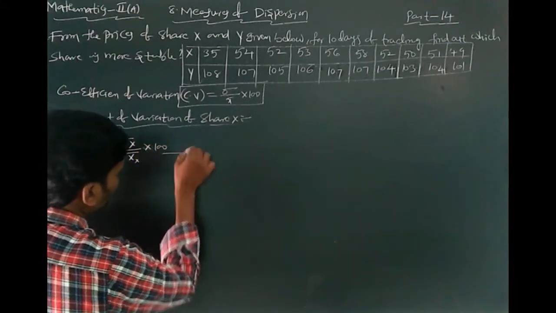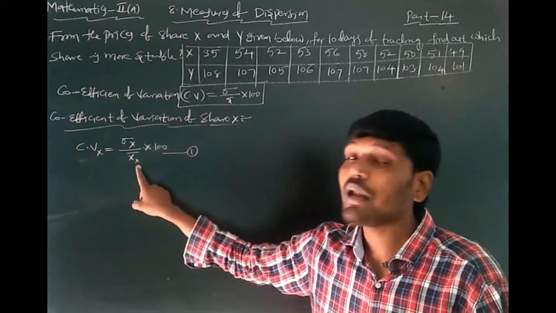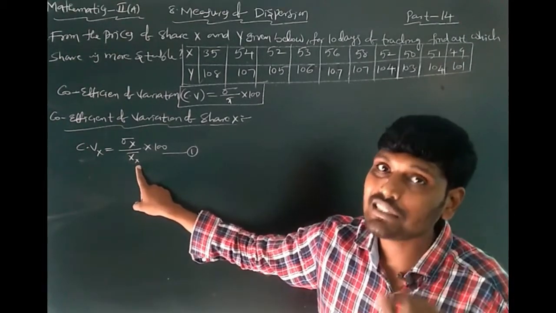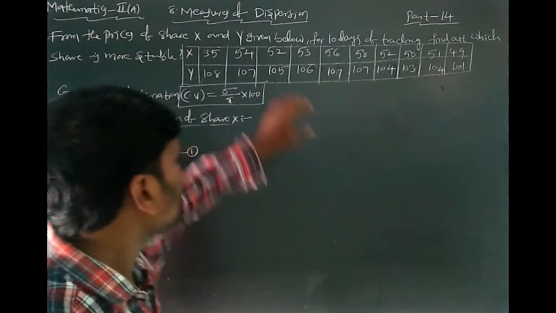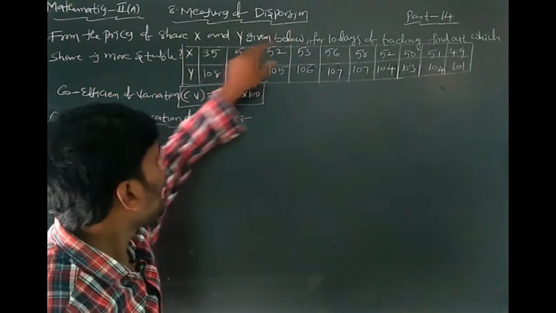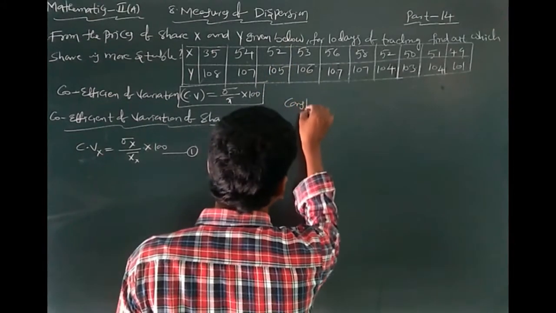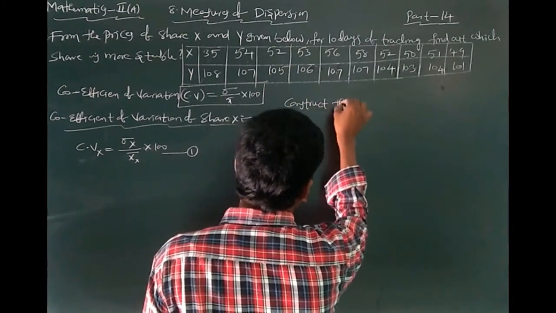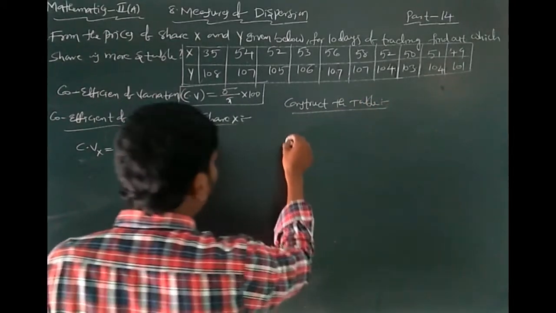This is the formula. In this formula, you can find X bar, the mean, and sigma, the standard deviation. First, construct the table.